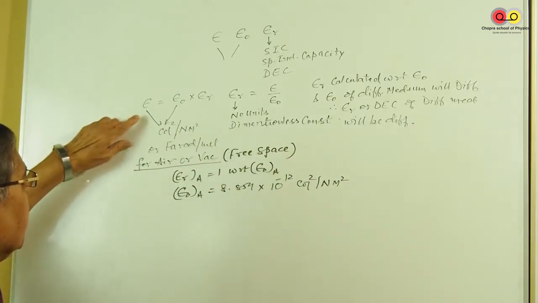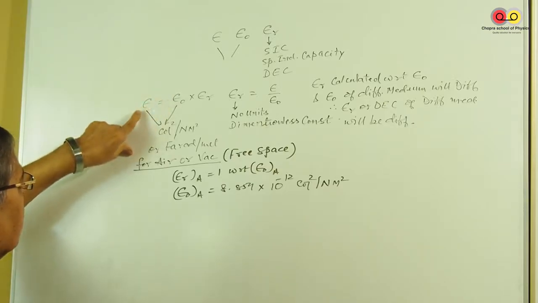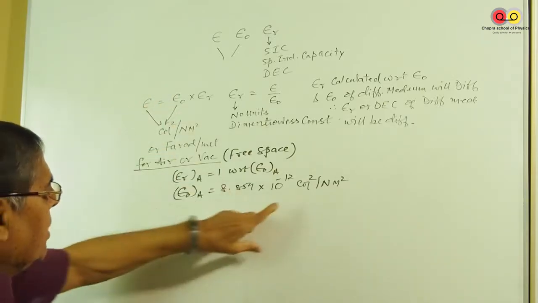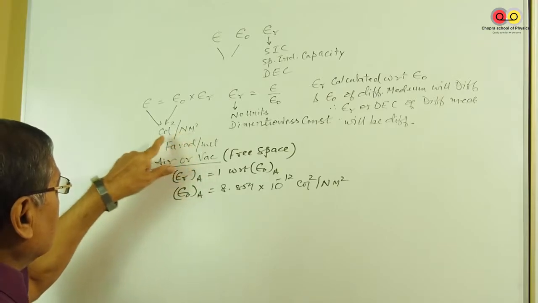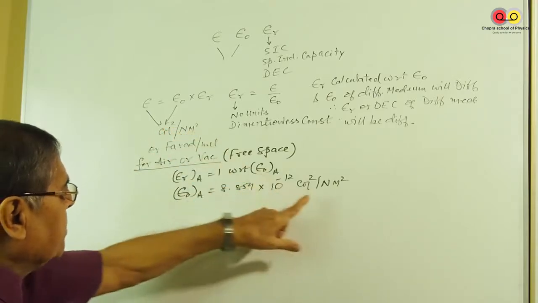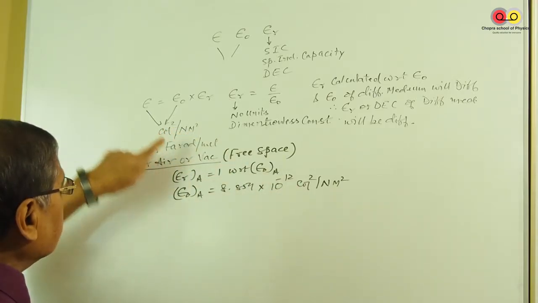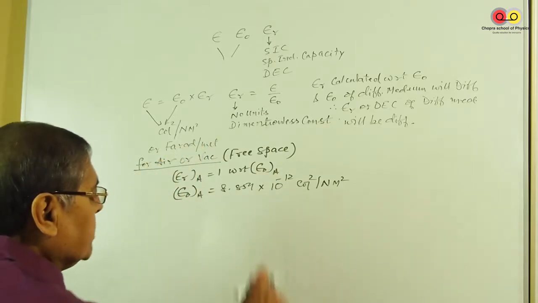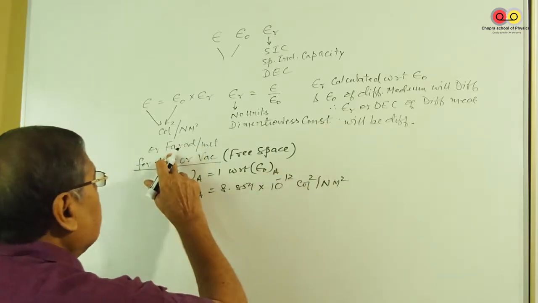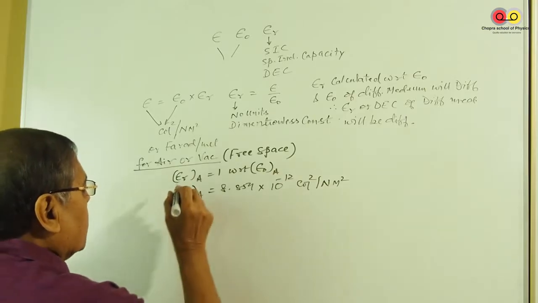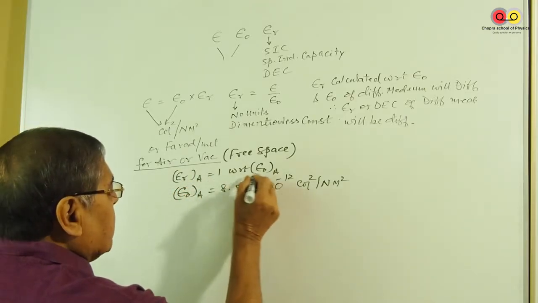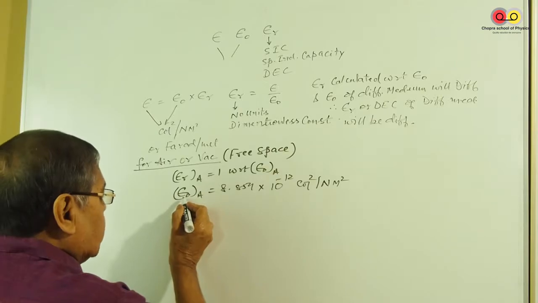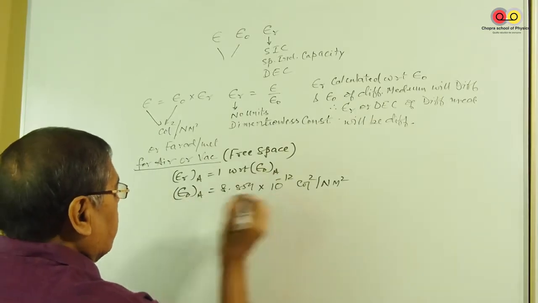So here I have written epsilon and epsilon naught in Coulomb square per Newton meter square, or the other unit, Farad per meter. Instead of using this unit, we can use that unit also. So the relative permittivity of air is 1 with respect to absolute, and the absolute permittivity of air is this one.